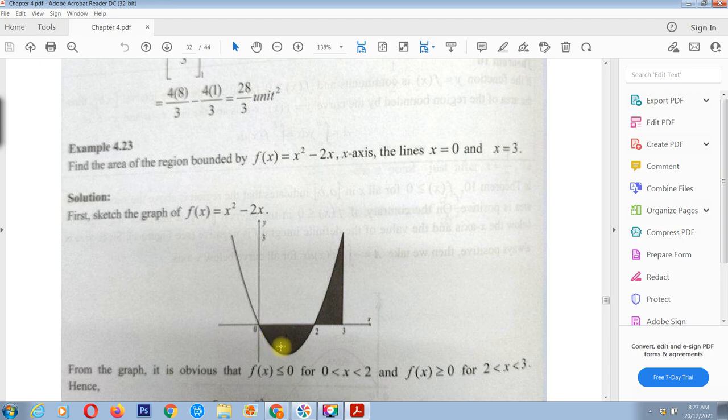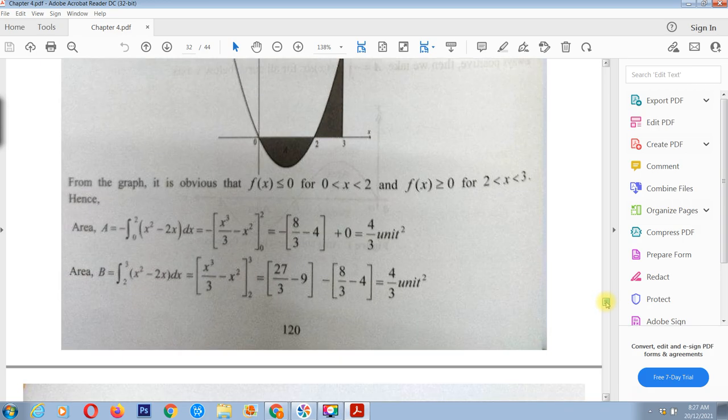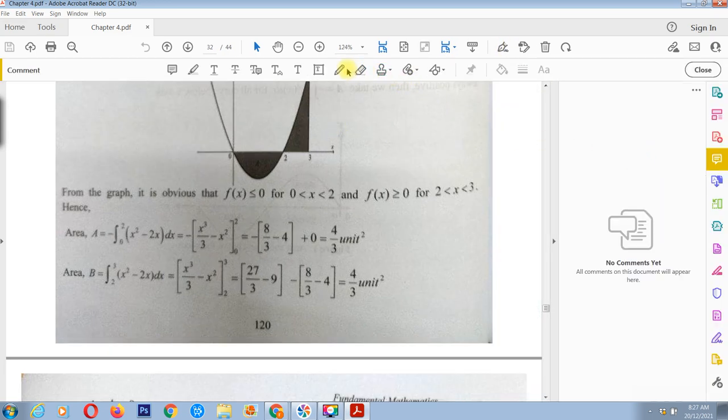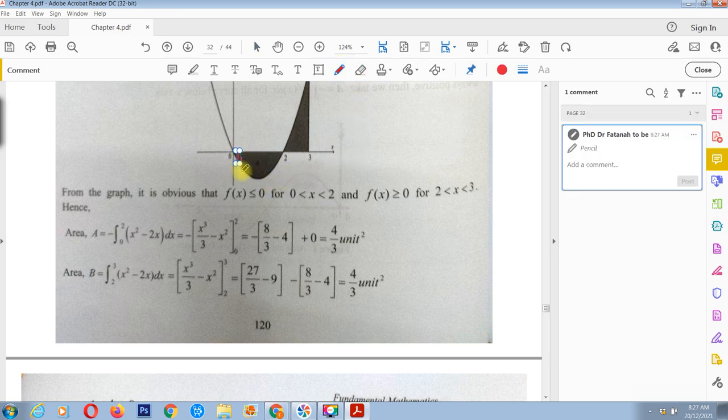We put a square shape, we divide this and make it into squares, and then we count how many squares, and this part will be maybe 0.1 or 0.5. So we defined it like that.